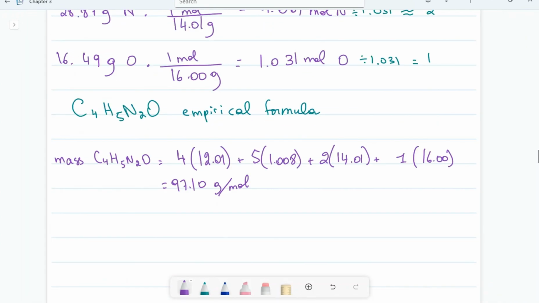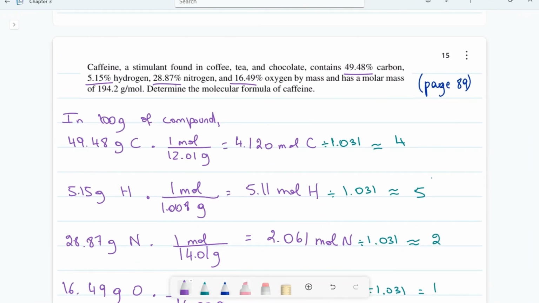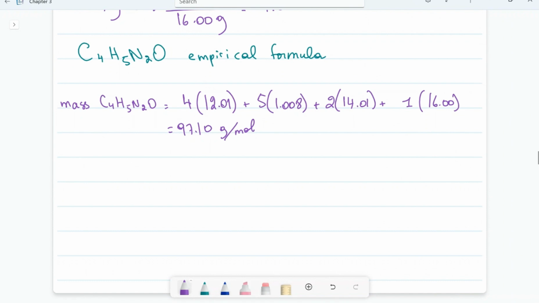What do we do with this? We look at the question again. In the question, they mentioned that the molar mass is 194.2 grams per mole. So we take this molar mass and we divide it by the mass of the empirical formula.